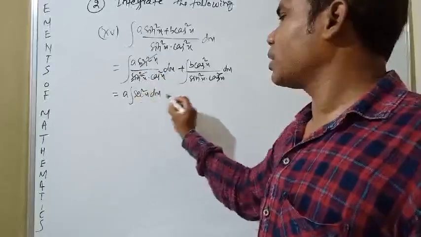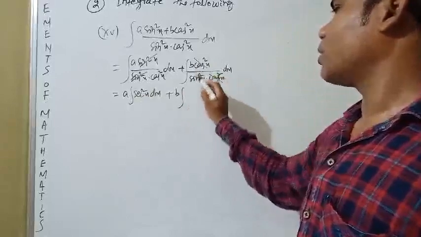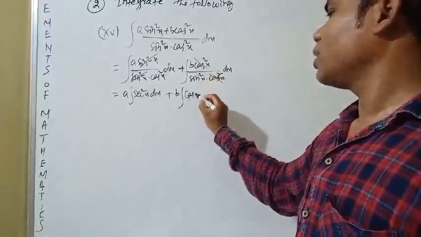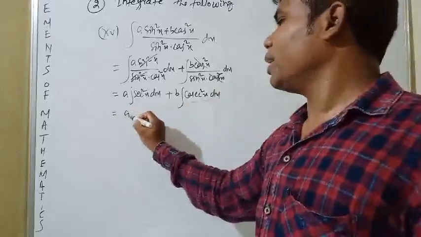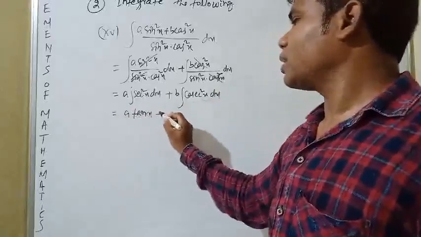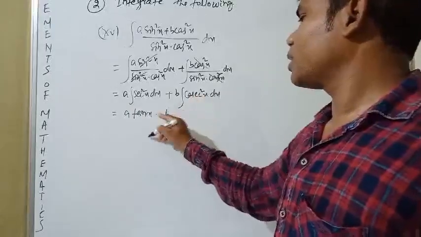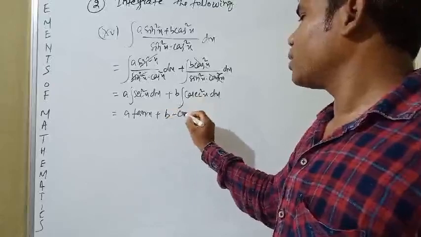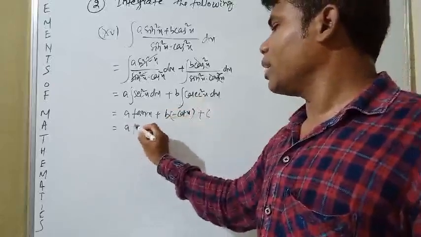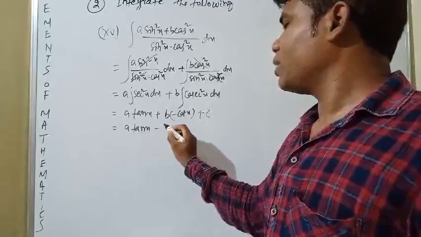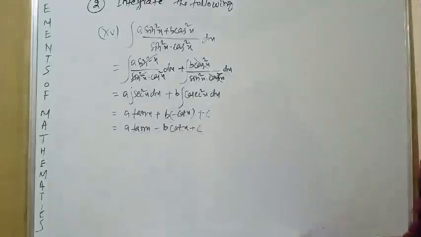A is constant, here b constant, cos²x cancels out, 1 by sin²x, that is cosec²x dx, is equal to a tan x plus b, minus cot x plus c, is equal to a tan x minus b cot x plus c. Pause the video, note it down.